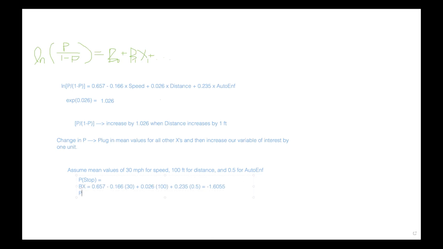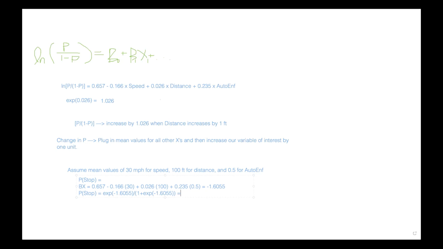And so our probability of stopping is going to be, sorry, I almost forgot to exponentiate. We're going to exponentiate negative 1.6055 divided by 1 plus the exponential of negative 1.6055.